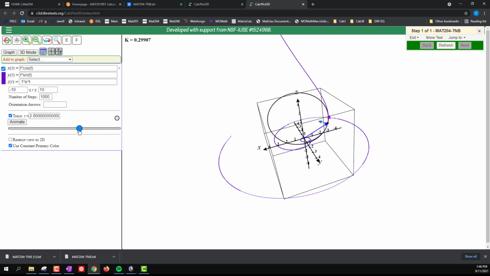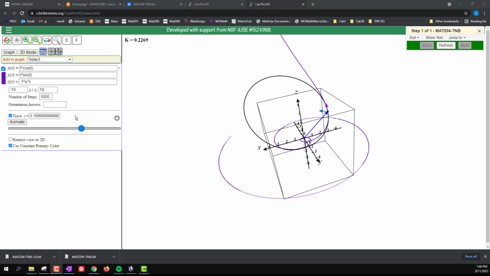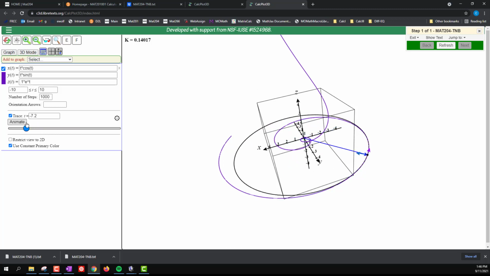But the thing I want to point out here is notice that my principal unit normal vector always points towards the center of that oscillating circle. And so I think a very handy interpretation of the principal unit normal vector, until we get more comfortable with it, is that if I were to want to put a circle that approximates my curve at a point, notice I'm not talking about putting a tangent line that approximates my curve at a point.